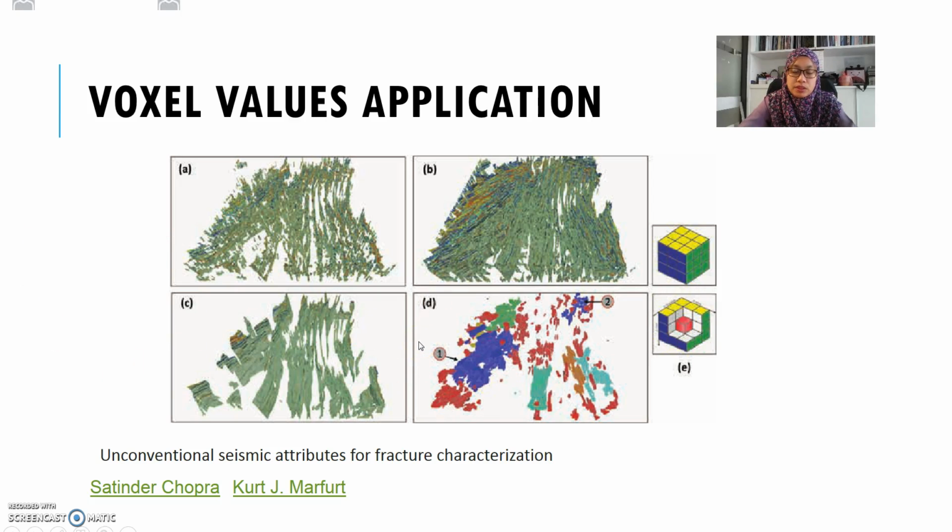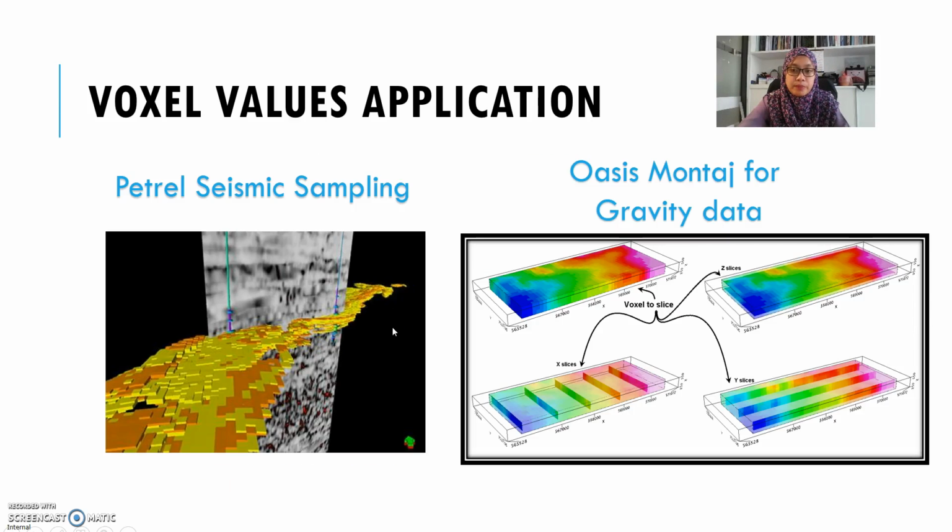For example, yellow will be assigned to the first cube, light to the next, and so on. With this voxel value application, we can see a geobody in the Petrel seismic sampling. This is a horizon that we can categorize. This is where we can see the facies changes between, let's say, sandstone and shaly sandstone. So this helps to improve our interpretation.